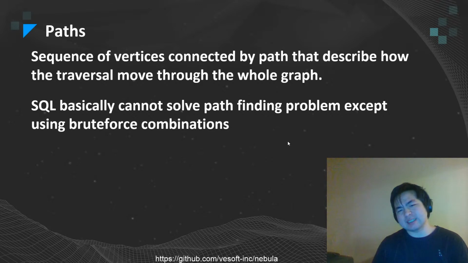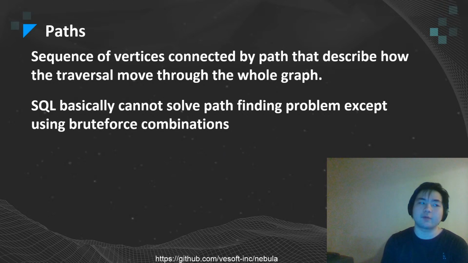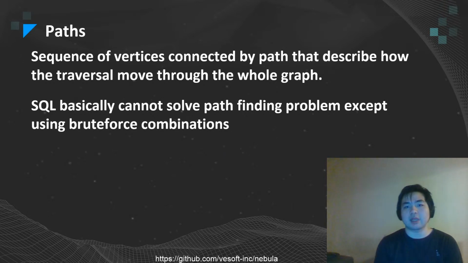Plus, for SQL databases, there is no way to find a path or the shortest path or any other kind of graph traversal, graph search or graph clustering algorithm based on naive SQL implementations, except for some brute force ones.